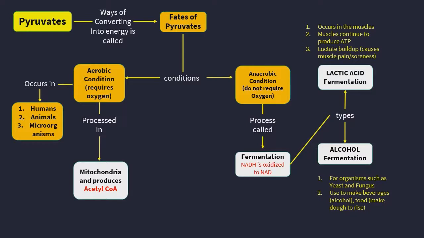There are two pathways in there, either lactic acid fermentation or alcohol fermentation. Alcohol fermentation is generally specific to organisms such as yeast and fungus, while lactic acid fermentation occurs in our muscle, especially in strenuous activities.